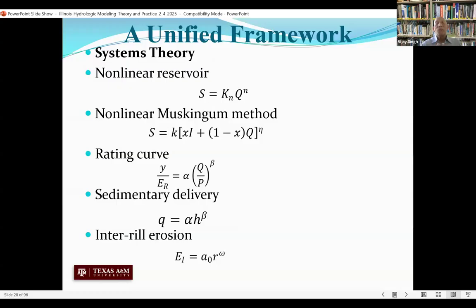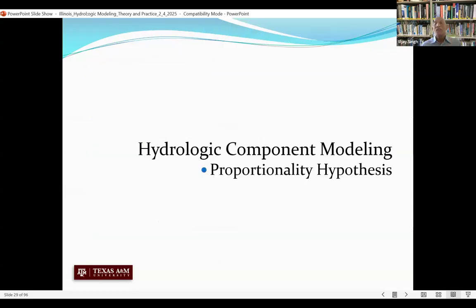Now, you can also express the rating curve in the same way, or the sediment delivery in the same way, and you can describe internal erosion in exactly the same way. So what is different from one component to the other? It's only flux conservation. The continuity equation is not changing.